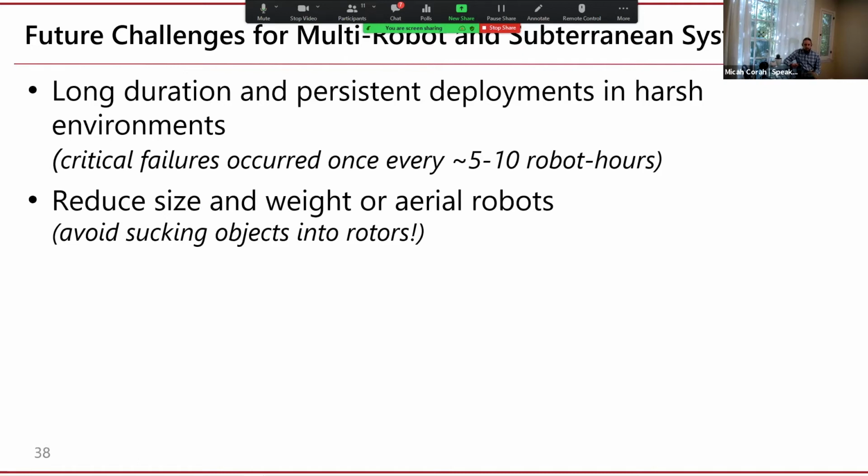And although this mismatch was partly due to some misalignment in expectations, the size of the aerial robots was primarily driven by need to carry heavy payloads consisting of LiDAR, cameras, radios, computation, as well as large enough batteries to obtain significant flight times and coverage. Aerial robots will be able to navigate more reliably in confined environments like we saw in the finals, once they're small enough that they don't suck small objects into their rotors and can fit through narrow passages more easily.